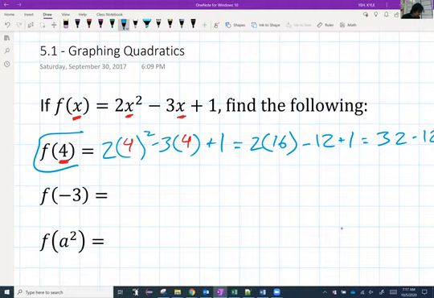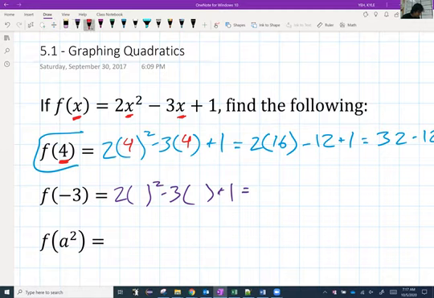Let's do another one. So f of negative 3 equals, and again, I'm just going to write out my whole function, except I'm going to be plugging in my red input, whatever's inside those parentheses, in for x. So 2 times negative 3 squared minus 3 times negative 3 plus 1. Order of operations: negative 3 squared, anything squared is positive, so negative 3 squared is positive 9, and we get 2 times 9.